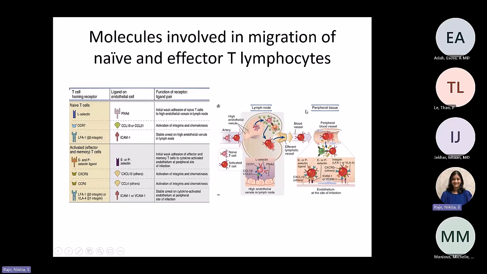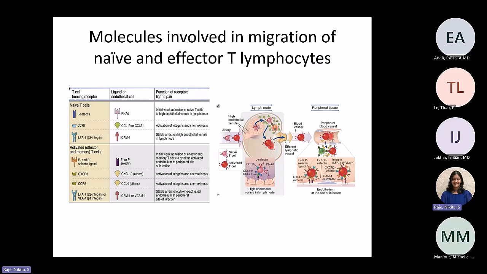Overall, the figure shows how those cells use their adhesion molecules to interact with their ligands, and then once they come across the antigen that they are specific for, they are going to be activated, and then the activated or effector T cells are going to go to the site of infection.